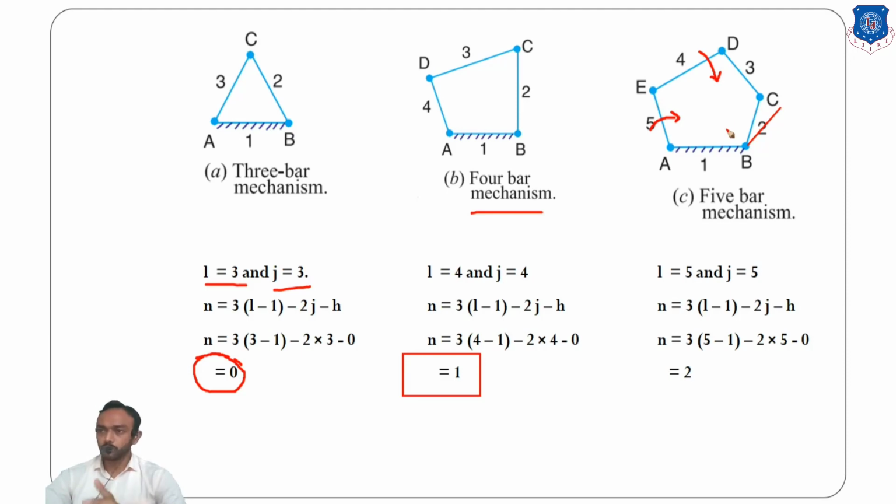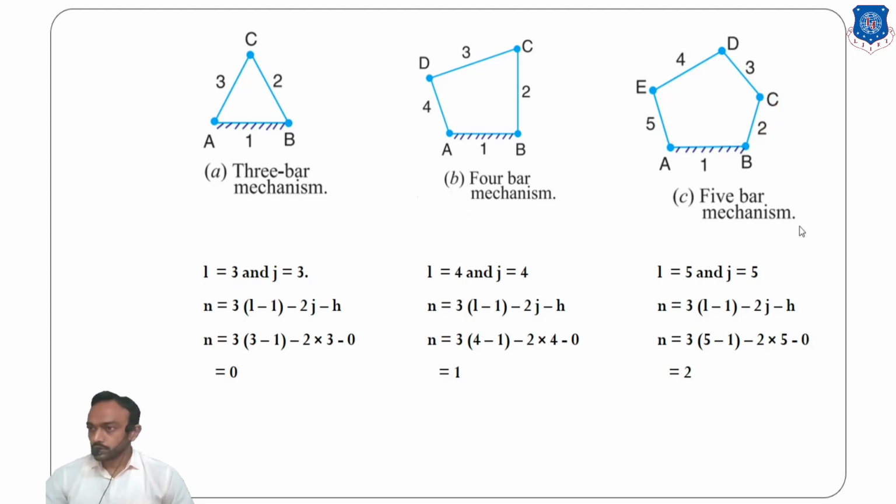Means 2 inputs are required to bring link number 2 to that position. So degree of freedom of a mechanism means the number of input parameters required.